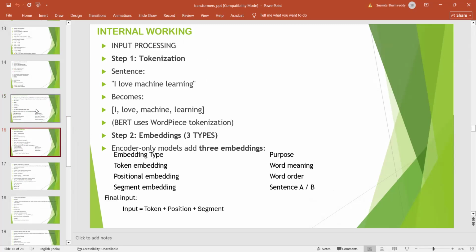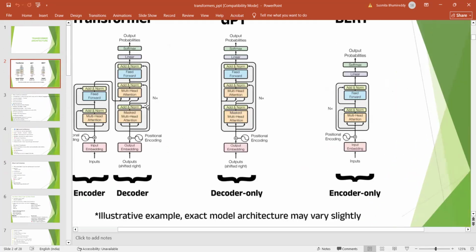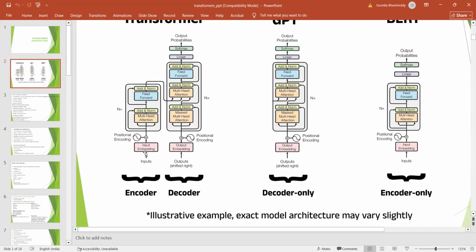So yes, and we know what the encoder architecture is. How does it work? The encoder architecture working flow, the internal working, means that at first it takes the input. It takes the input from the user, which is a big sentence, and creates embeddings for that input.